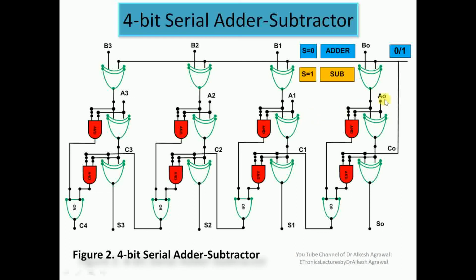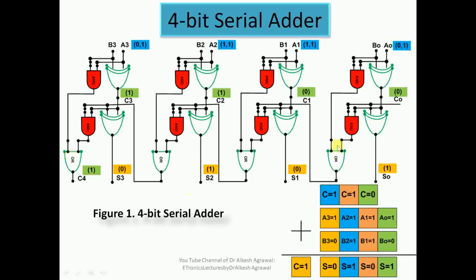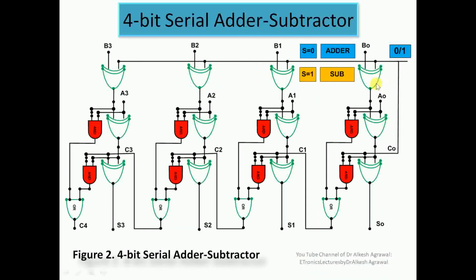Again we'll focus on the major changes that we have done from this circuit to this circuit. We are giving the 4 bits of number B through an exclusive OR gate, and one of the inputs of the exclusive OR gates is shorted to this switch, and this input is also given to the carry input of the first full adder.